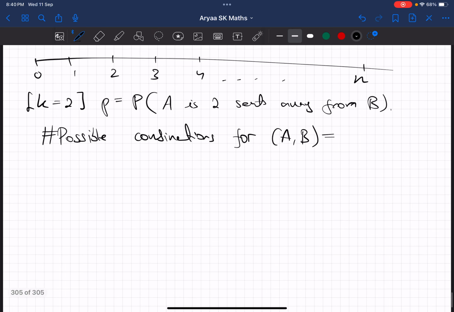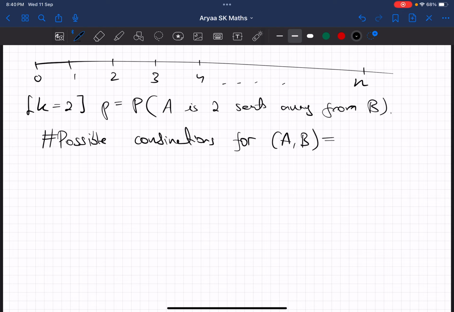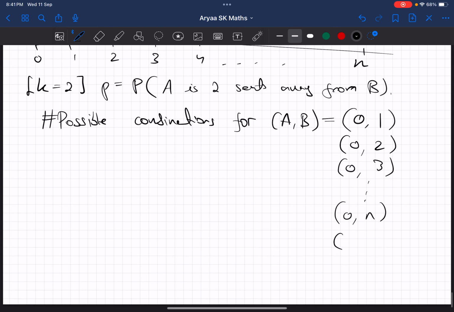And okay, so now all of the possible conditions for A and B, well, we could have A as 0, then B could be 1, B could be 2, B could be 3, all the way until B is n. And then we could repeat the same thing with A as 1, this time starting as 0. You can't have 1, 1, but we can have 1, 2, on and on.